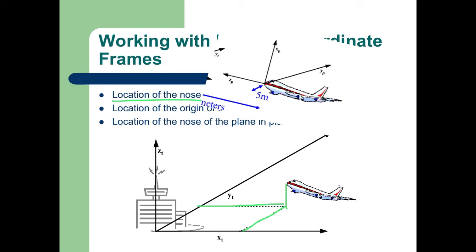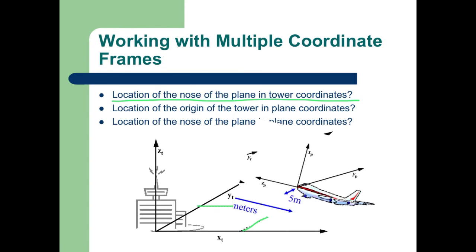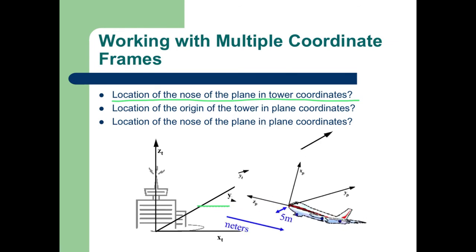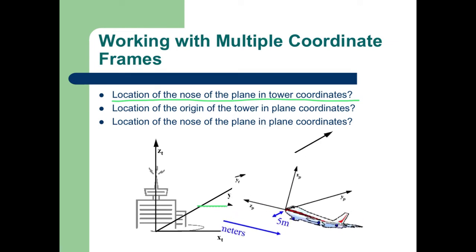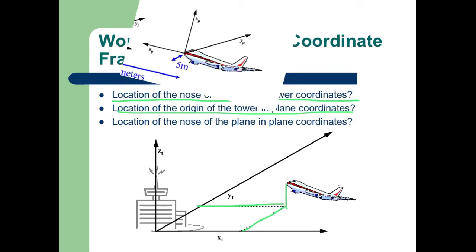The y-axis is still going straight in and out, but if we're trying to figure out the location of the origin of the tower in plane coordinates, we now need to redraw things so that our plane axes are labeled.